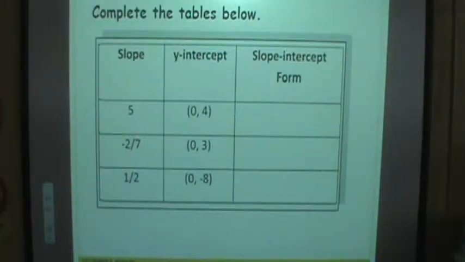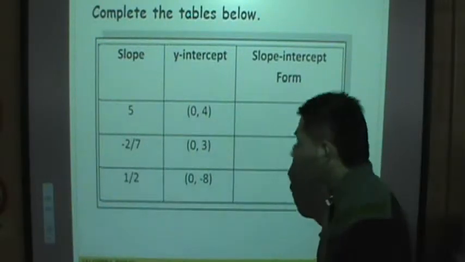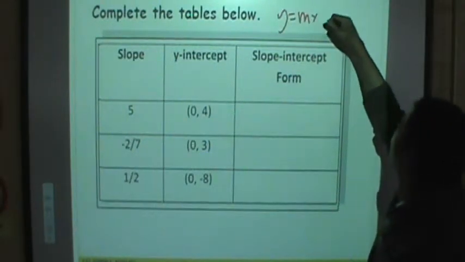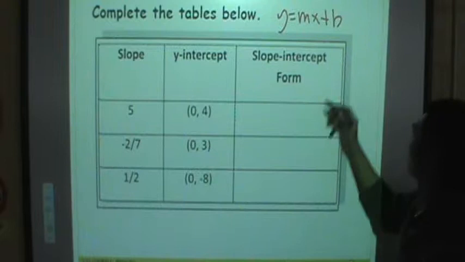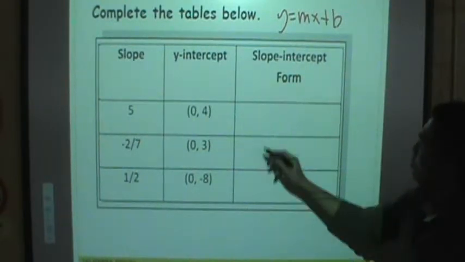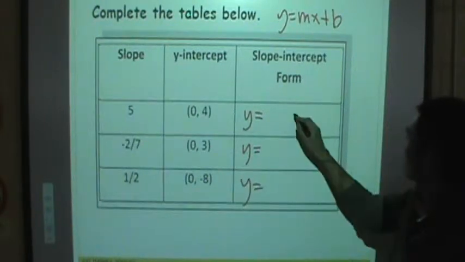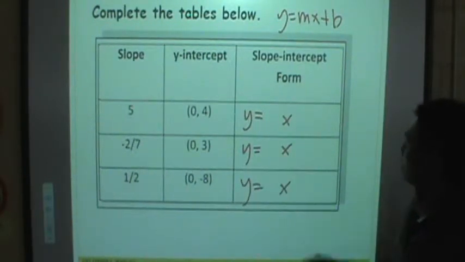Now, I need you to try this one now. Easy, easy, easy. y equals mx plus b. Okay. So y equals x, x, x.